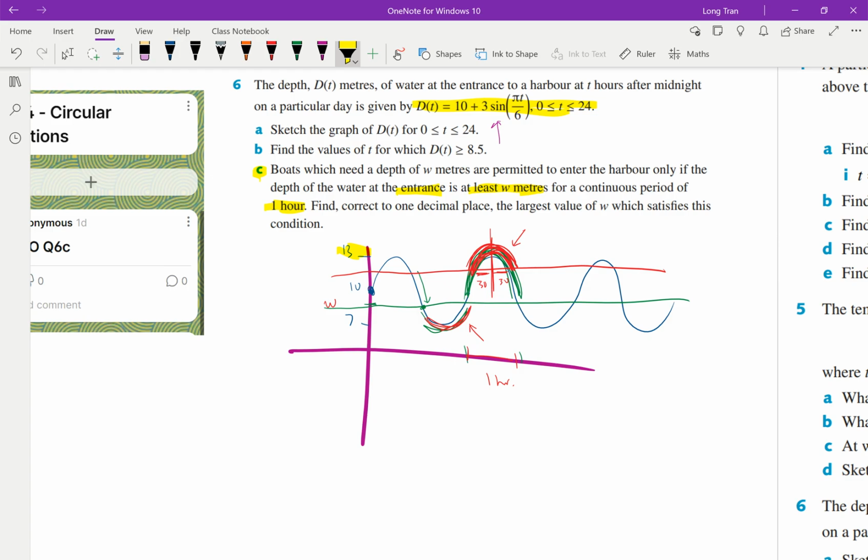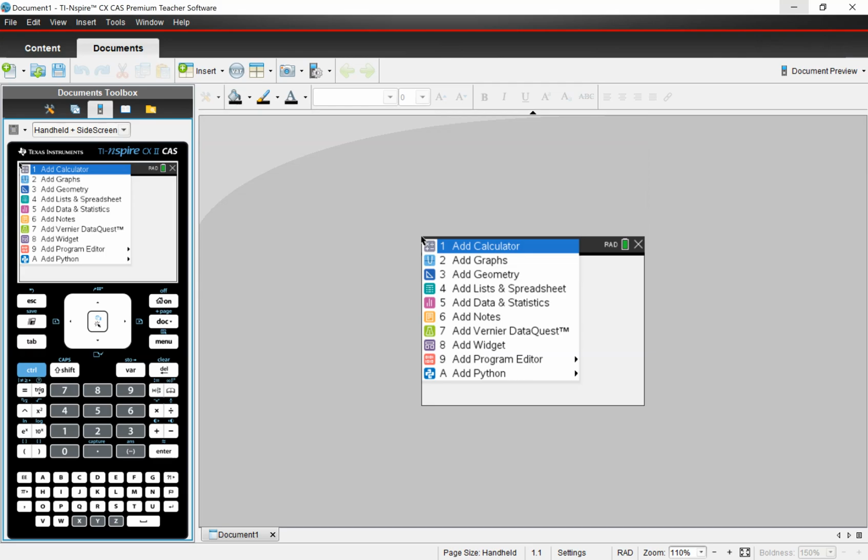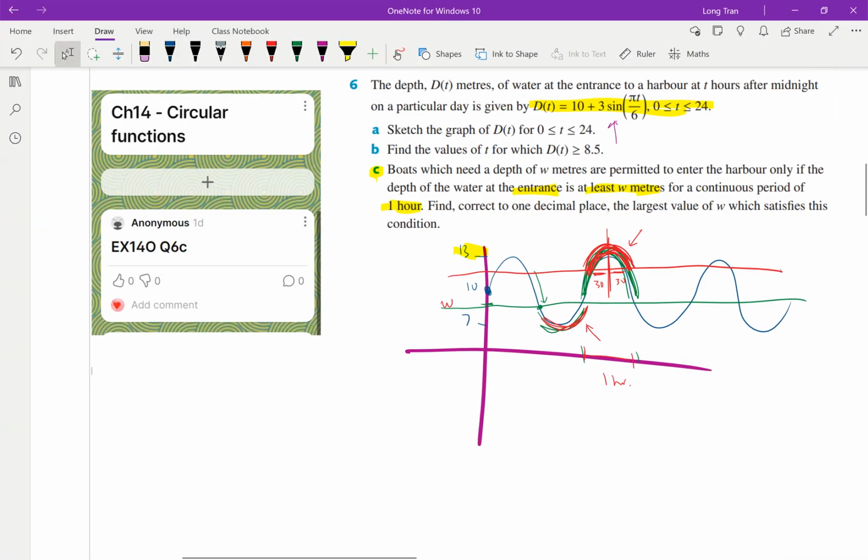From the graph, I haven't drawn the graph here, but essentially we've got to first find when the maximum is. So I can find the maximum by going back to my CAS. Let's go back to my CAS here. We're going to define it and sketch it just so we can work with it. So let's try over here.